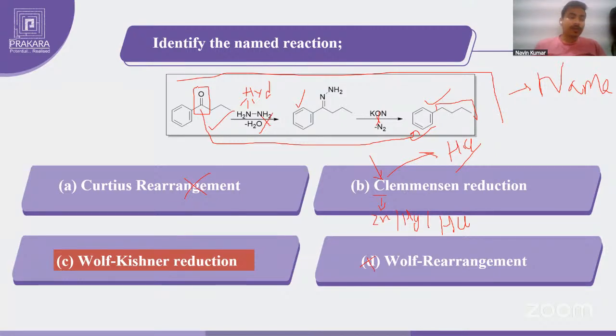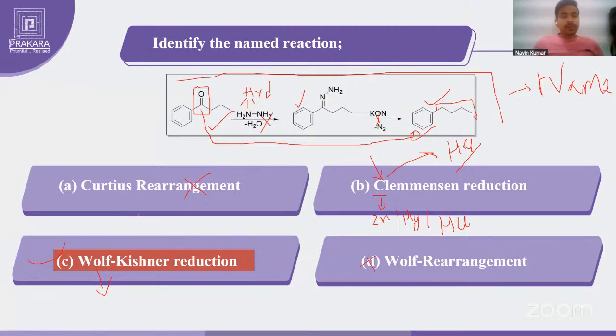Means the correct option will be option C, that is the Wolff-Kishner. Again, remember, the Wolff-Kishner is a kind of reduction reaction in which a carbonyl group is converted into the alkane in the presence of hydrogen. I am repeating, a carbonyl group will be converted directly into the alkane in the presence of hydrogen.